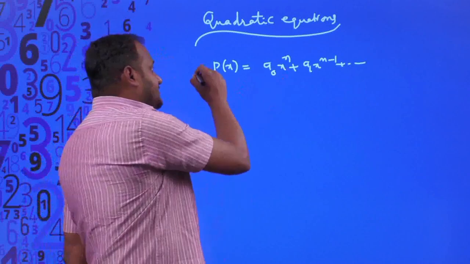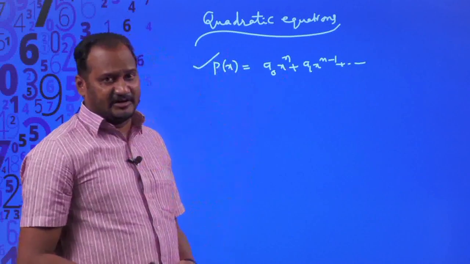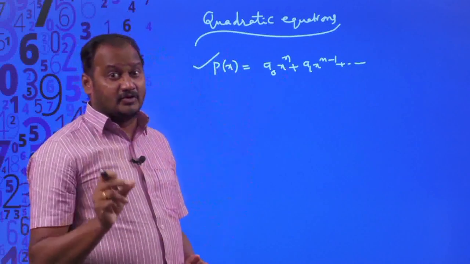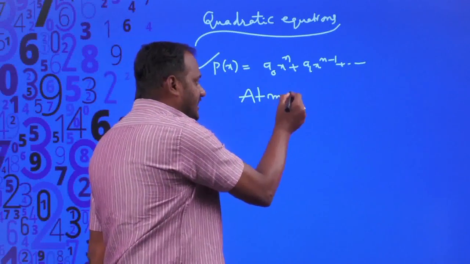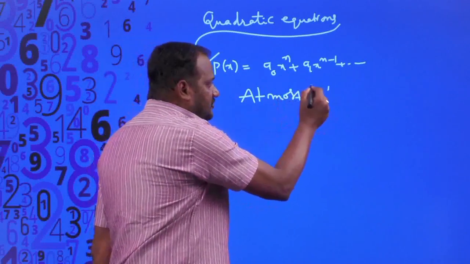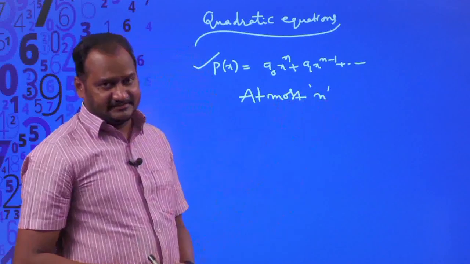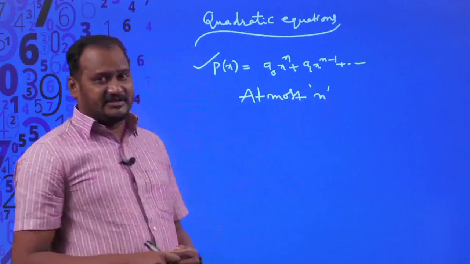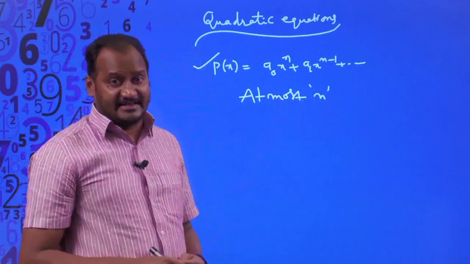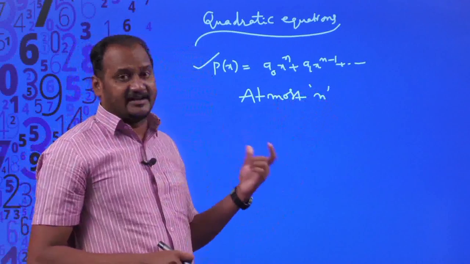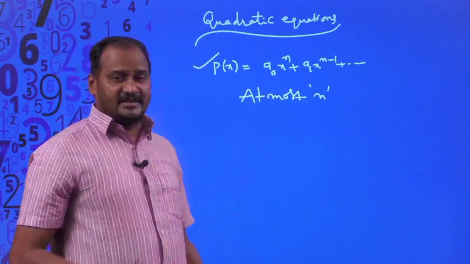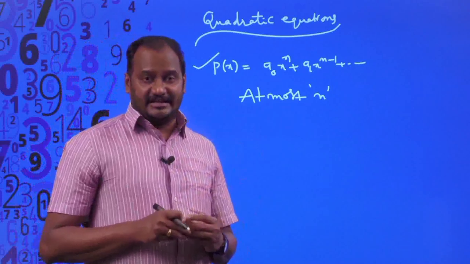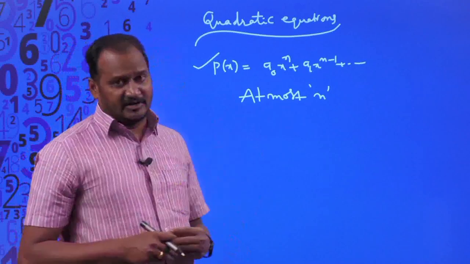The maximum number of zeros of this nth degree polynomial is at most n. We should say at most n, not exactly n. We already discussed why it is not exactly n and why it is at most n. So this is about a single polynomial, a linear polynomial as well as a quadratic polynomial.